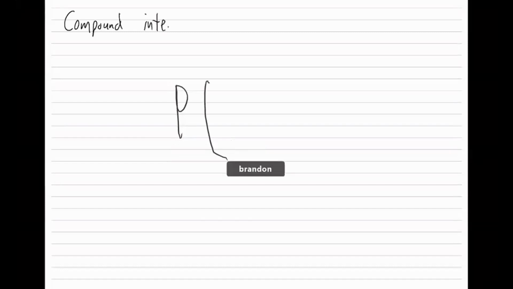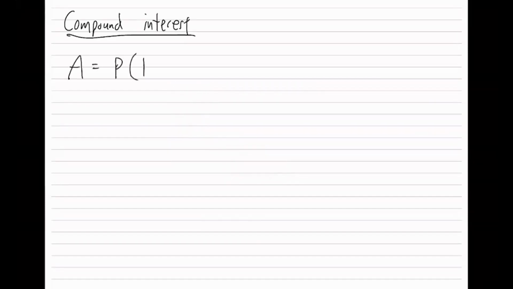So do you know something called compound interest? Oh yeah, okay. So in compound interest, the formula goes like this. A equals P times 1 plus R over 100, to the power of N. This is quite important. Banks always, in the real world, everybody uses compound interest.